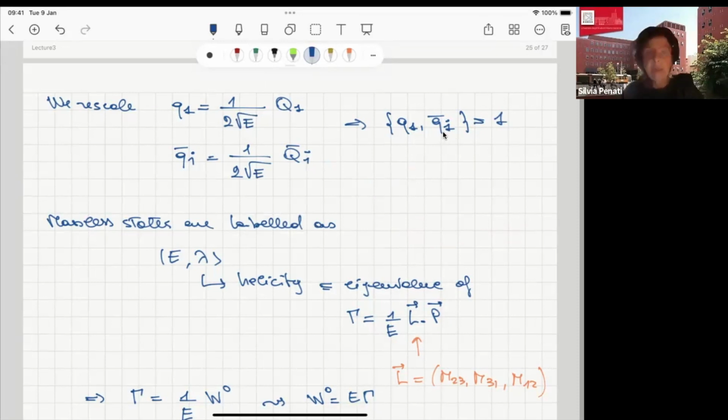So what I'm claiming is that Q1, let's consider the big Q, Q1 is a lowering helicity operator, whereas Q bar 1 dot is a raising helicity operator.